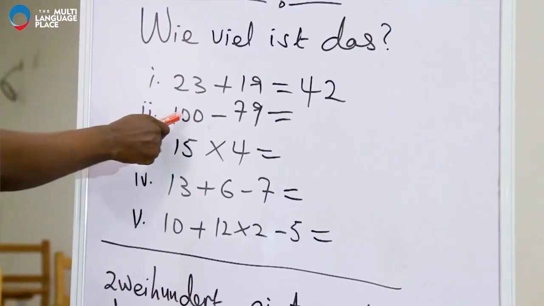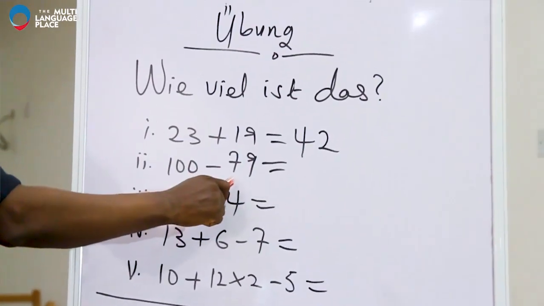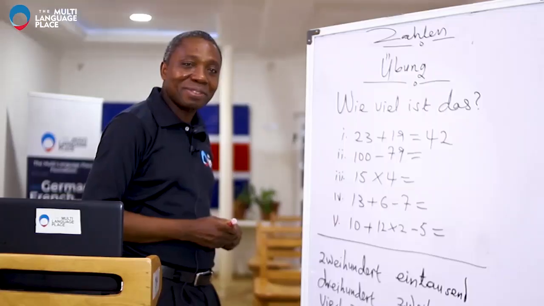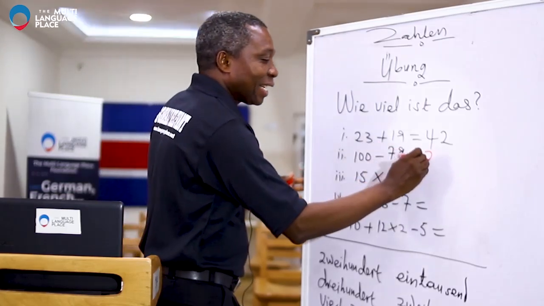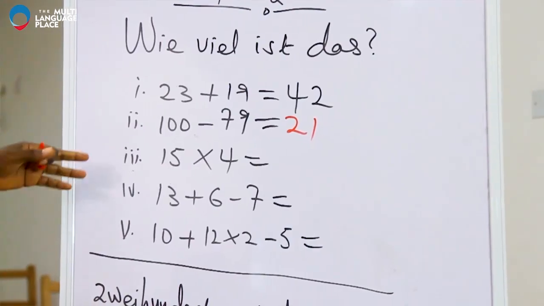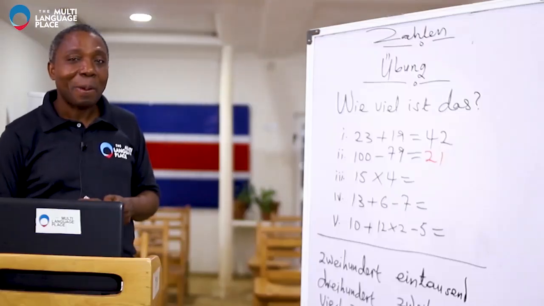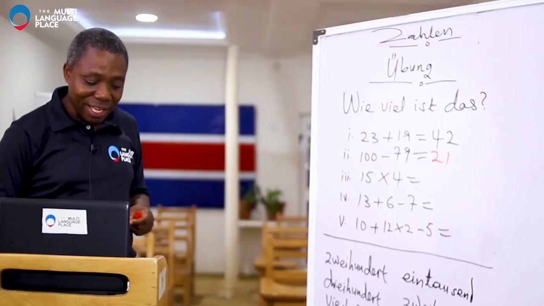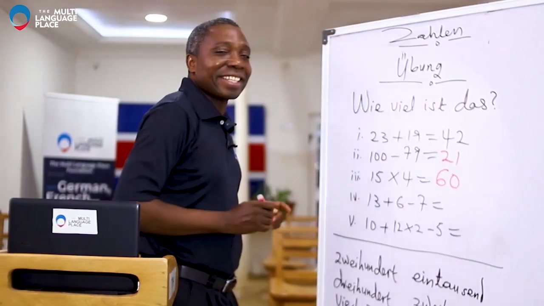Number 2. 100 minus 79. What did you have? Okay, das ist 21. Okay, the third one, Nummer 3. 15 mal 4. Das ist 60.